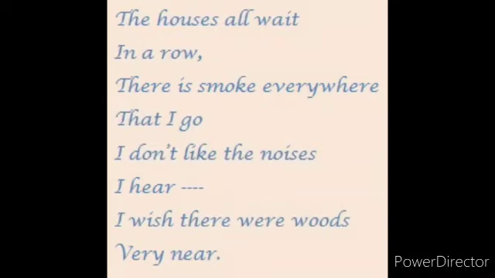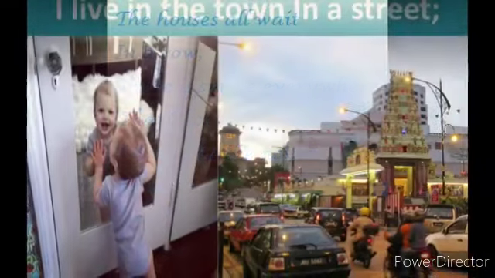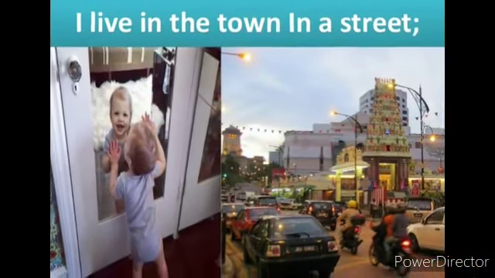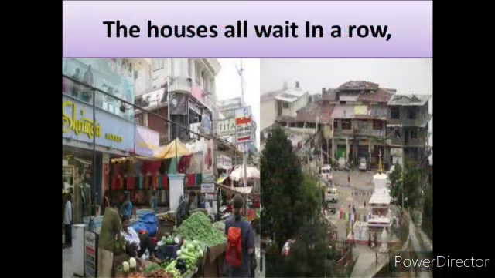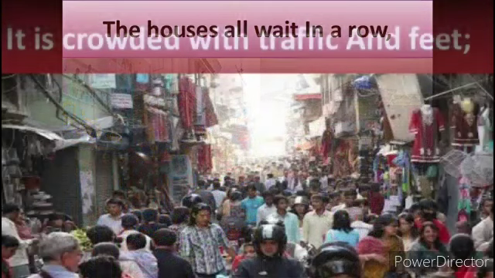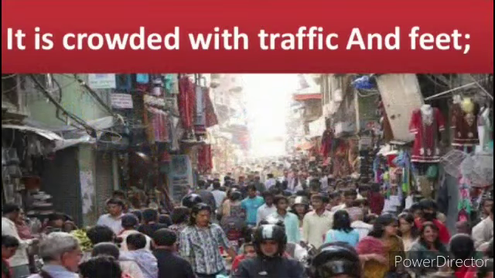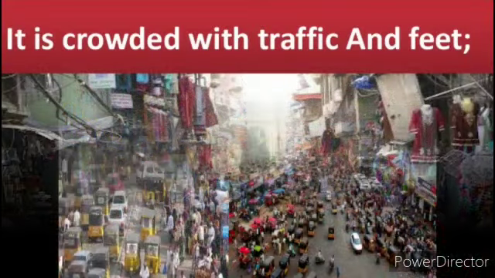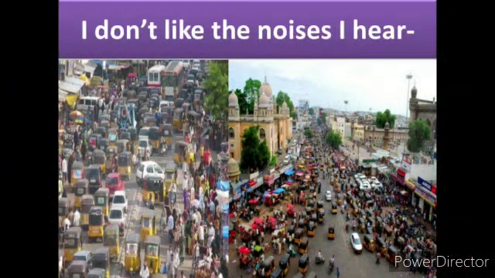So here in these lines, the street where the child lives has a row of houses along one or both the sides. The child also says that the area is filled with smoke and noises. Children, where is the smoke and noise coming from?